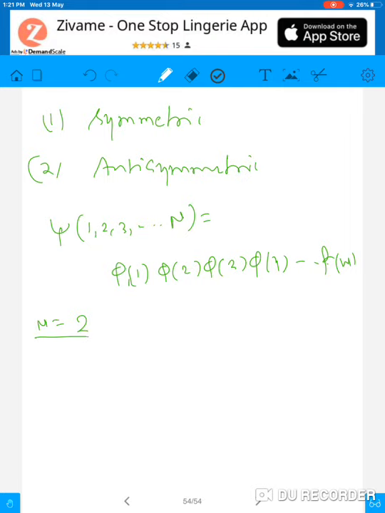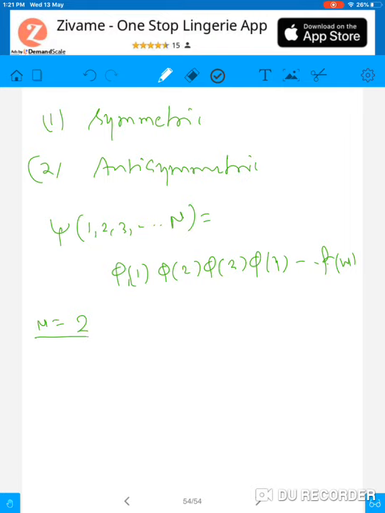Suppose one particle is in state A and the other particle is in state B. Suppose the first particle is in A eigenstate and the second particle is in B eigenstate. Then I can write my wave function as psi of 1 and 2 will be somewhat like psi A1 and psi B2.